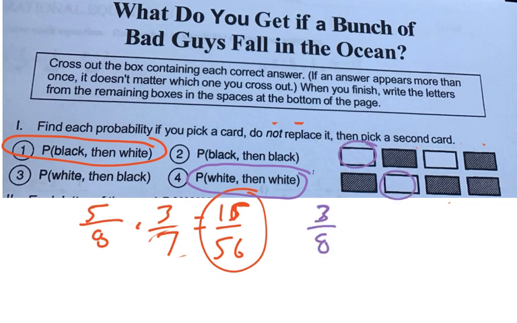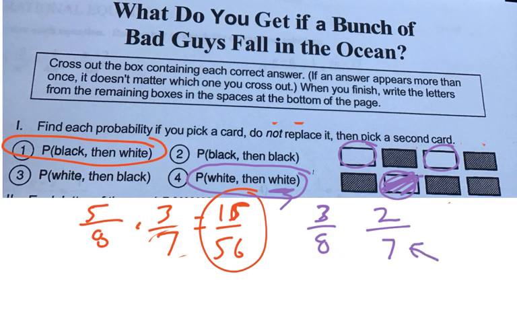There's 1, 2, 3 whites out of 8 cards. So 3 out of 8. But one of these white cards is now gone because we dealt it. So notice, if I want a second white card, I only have 2 chances because the one card is gone, right? I only have 2 white cards left out of 7.